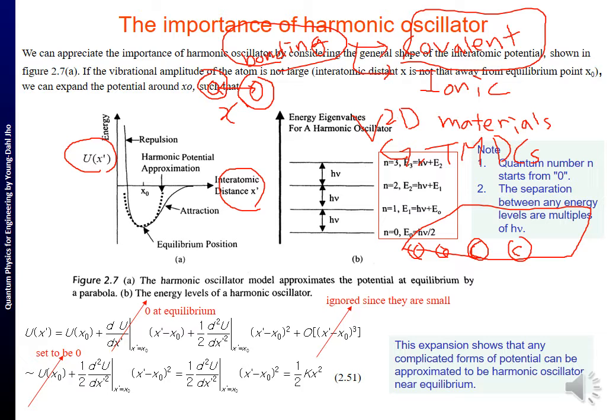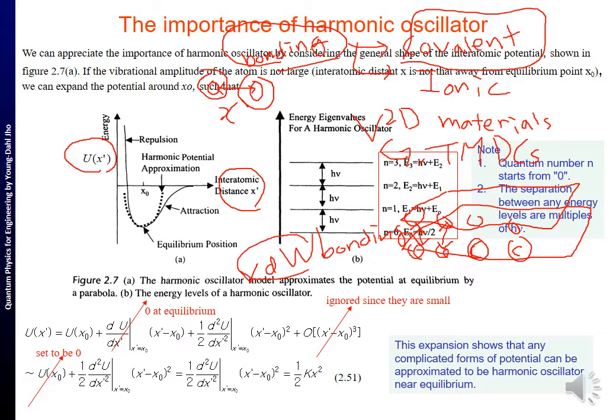But those single layers could be connected to another single layer like this. There is actually bonding, and in this case the interlayer bonding is van der Waals.